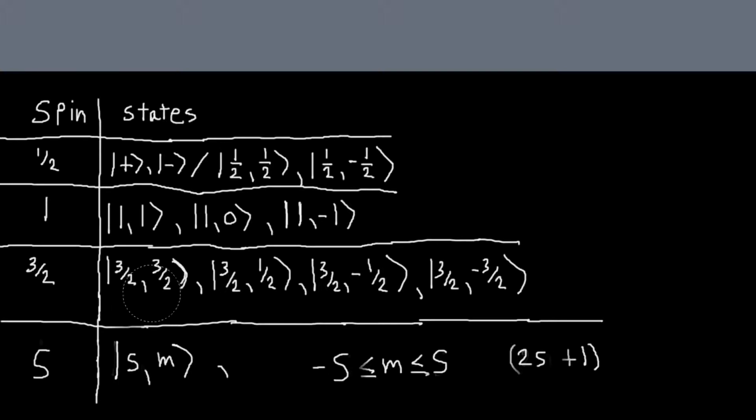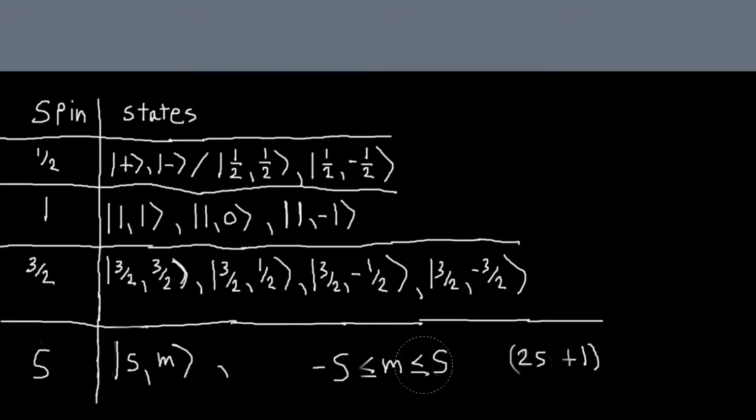We will label our states, the same way we've been doing here, by the total angular momentum and the z component, which I'll call m. And there will be 2s plus 1 states. So for spin equals 1, there's 2 times 1, which is 2, plus 1 equals 3 states. For 3/2, it's 2 times 3/2, which is 3, plus 1, so that's 4 states, and so on.